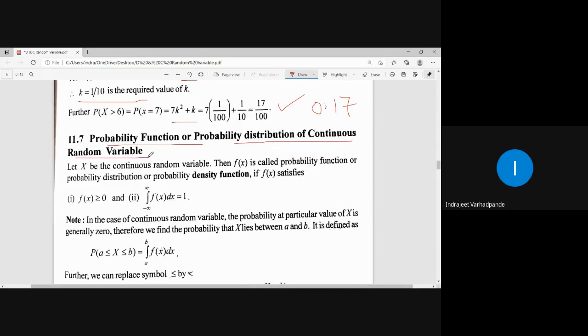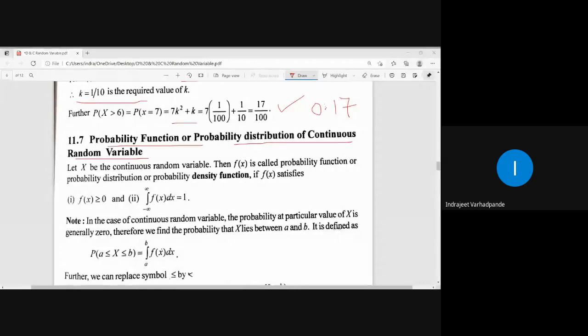How do we identify the continuous random variable? A continuous random variable is identified by a non-countably infinite number of terms. Non-countably infinite number of values are there, and in that case we say that it is a continuous random variable.